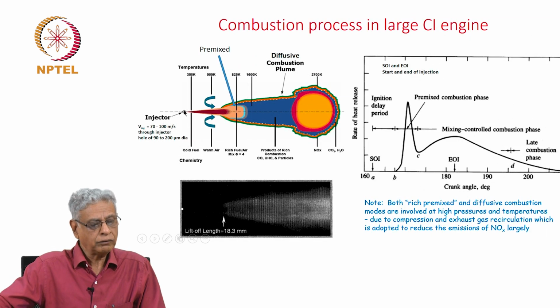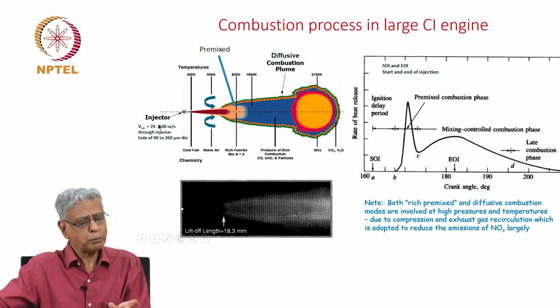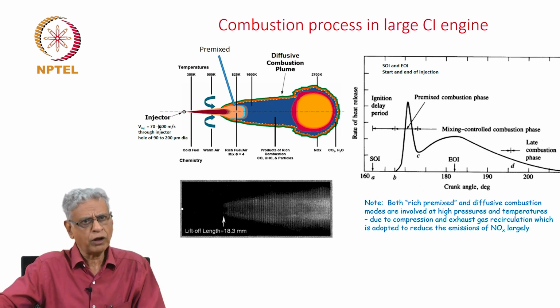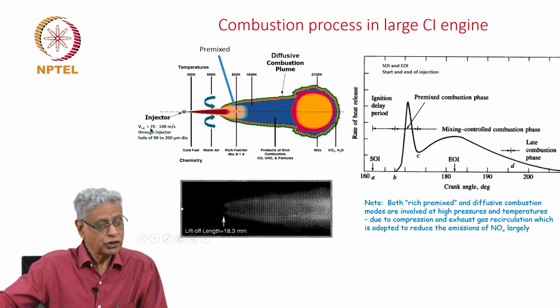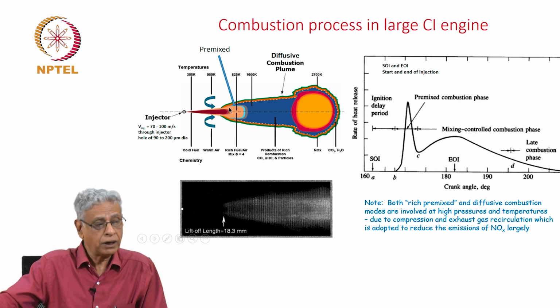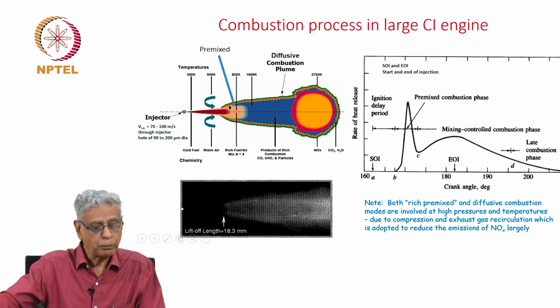You see the first part after injection takes place, and it occurs at extremely high velocities because of the large pressure difference through which the jet gets introduced into extremely fine orifices, 150 to 200 microns. This injection velocity is typically 70 to 100 meters per second, and as soon as it is introduced, it moves in, entrains some amount of oxidant, gets premixed in some domain, and there is a rich fuel air combustion here, because fuel is still large, there is some amount of oxidant, there is a premixed combustion.